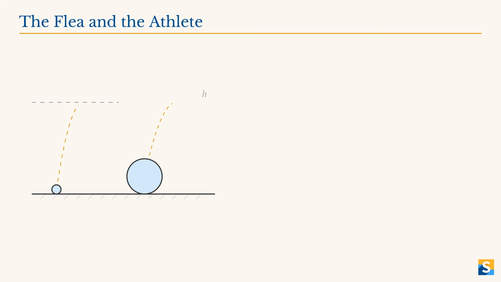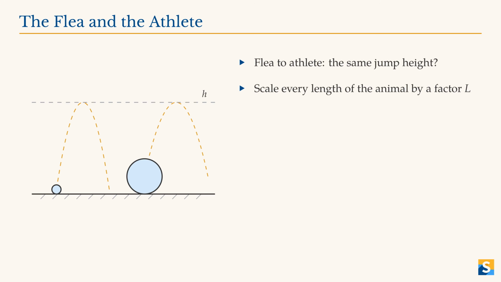Now, something lighter. Why can a flea, a frog, a house cat, and an Olympic athlete all jump to roughly the same absolute height, within a factor of a few, when their masses span 9 orders of magnitude? Take any animal and scale every one of its lengths by a factor L. Muscle force grows like cross-sectional area, L squared.